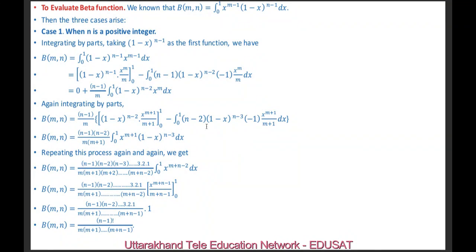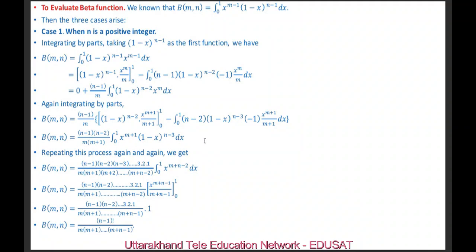Here we have a minus sign, here it is also minus, so this is plus, integral 0 to 1, inside we have x raised to power m plus 1 and (1 minus x) raised to power n minus 3. So in the second integration we have (n minus 1)(n minus 2) upon m(m plus 1), integral 0 to 1, x raised to power m plus 1, (1 minus x) raised to power n minus 3 dx.